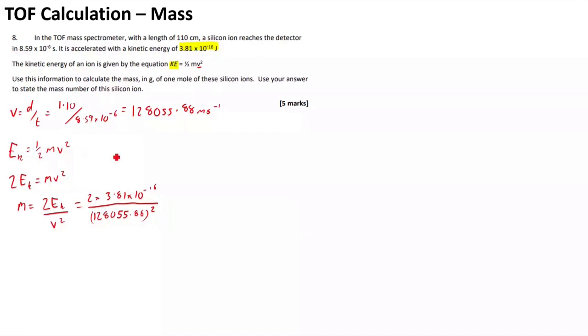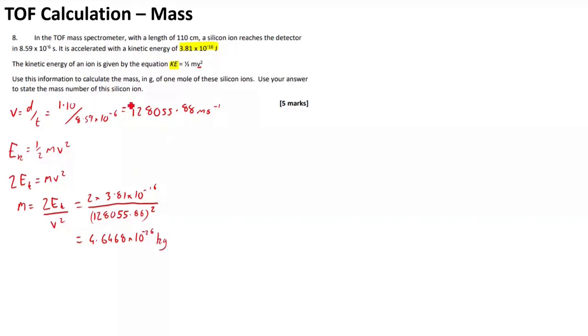You just want to square the velocity bit. And then your mass comes out as 4.6468 times 10 to the minus 26. Again, that makes sense. We're talking about the mass of a single ion. It's going to be tiny. And this is in kilograms, remember.